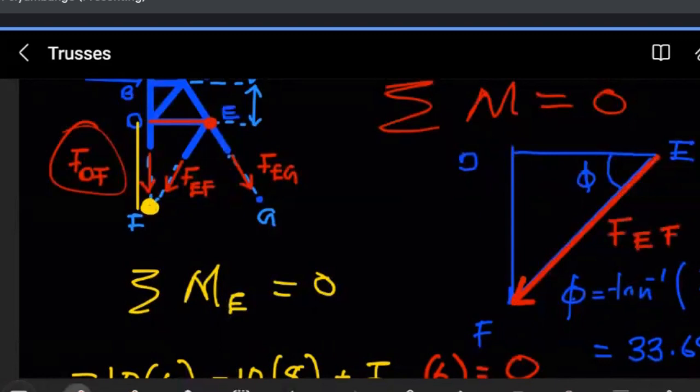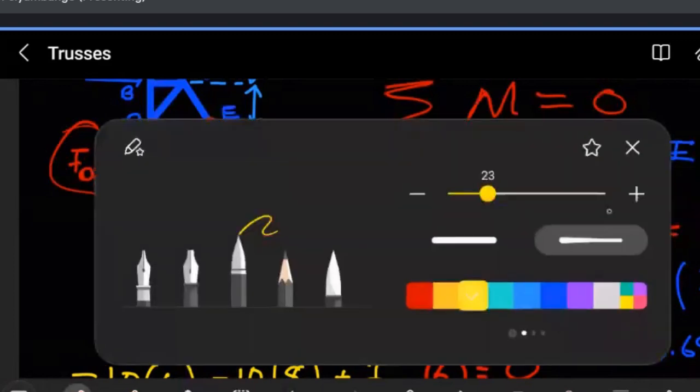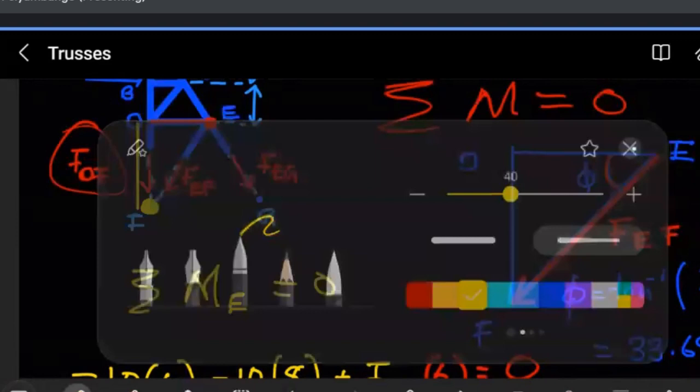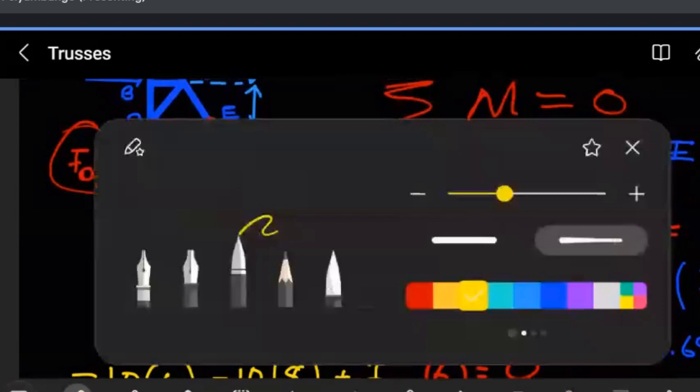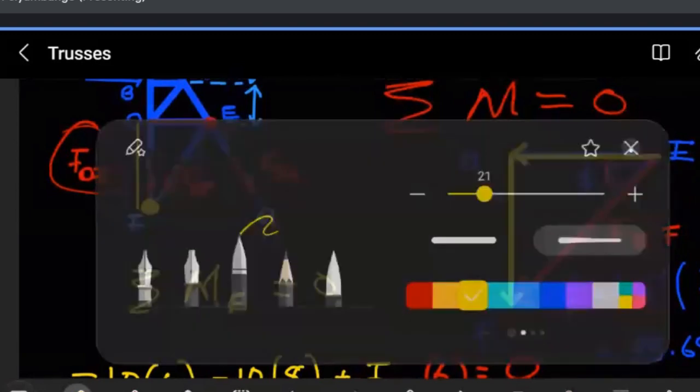So it's acting in that direction, and the angle here is this 33.69. So with that known, I can now use that force to get the components. So the X component will be going to the left in that way, and the Y component will be going vertically downwards in that way. And of course, by sine and cosine, we can easily evaluate what these are.